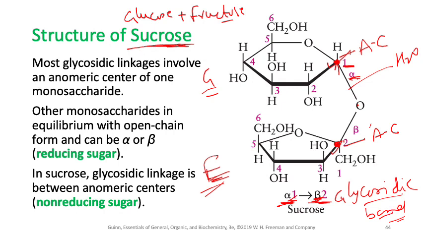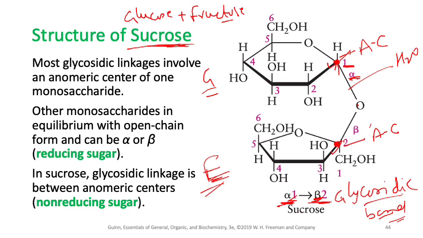And what's the second important thing over here? In both these structures, the anomeric carbons are making a glycosidic bond. So that means in both the monosaccharide Haworth projections, there is no anomeric carbon which is freely available. If they are not freely available, they cannot convert to an aldehyde or ketone.